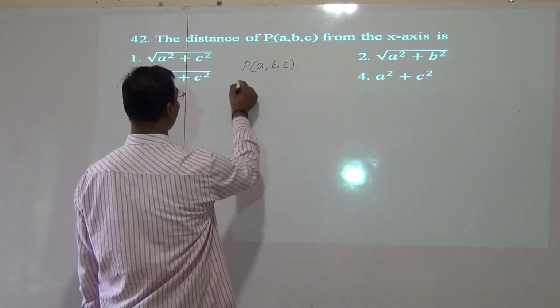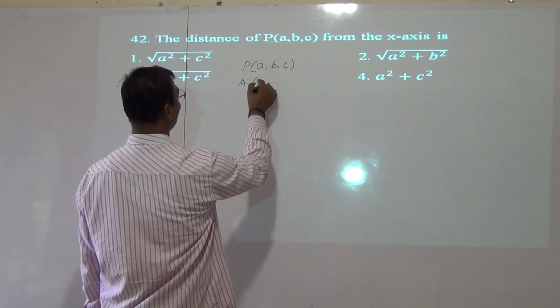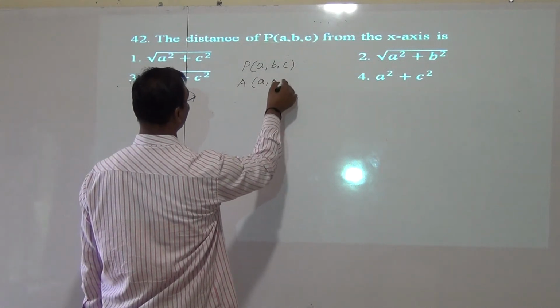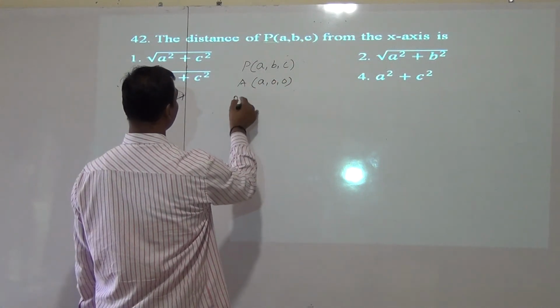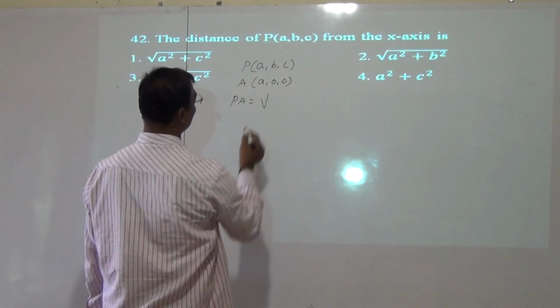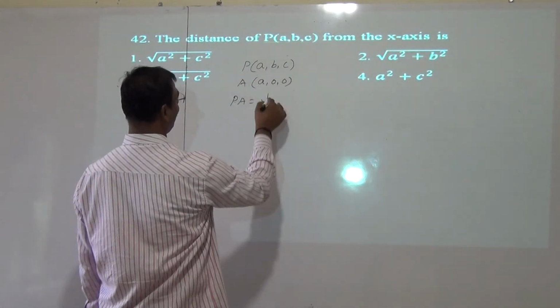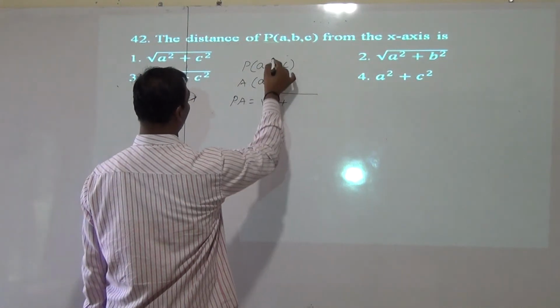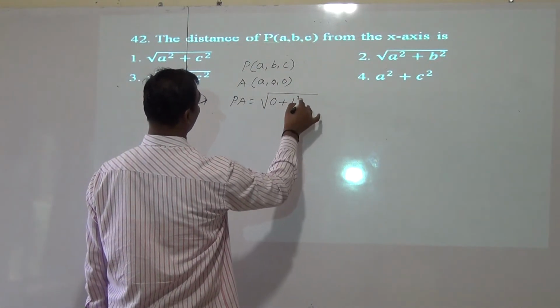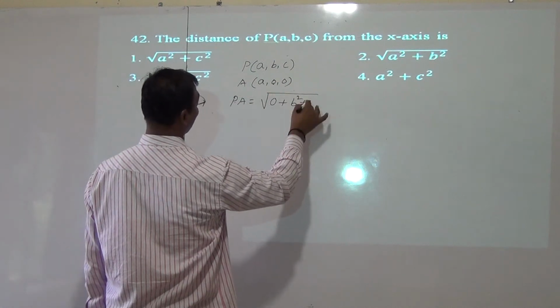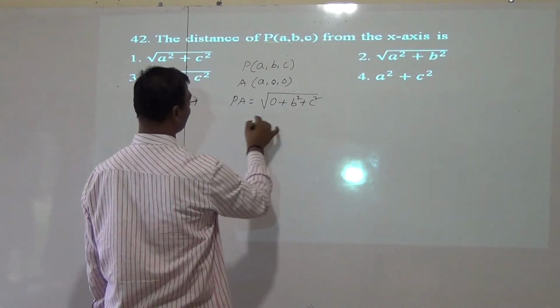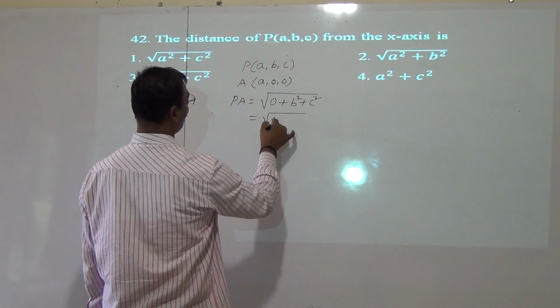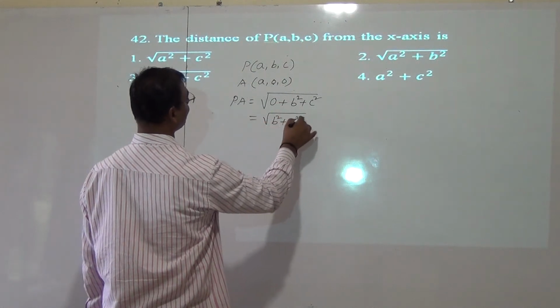On the x-axis, the point is (A, 0, 0). Asking the distance PA: square root of (A minus A, that is 0) plus (0 minus B) whole square, B square, plus (0 minus C) whole square, C square. The answer is the square root of B square plus C square.